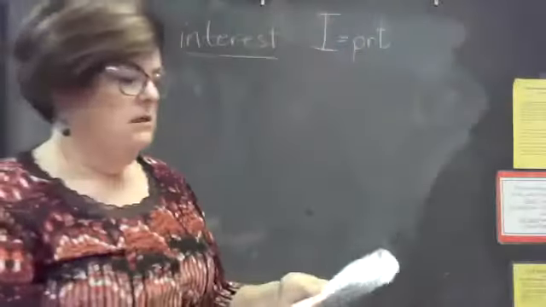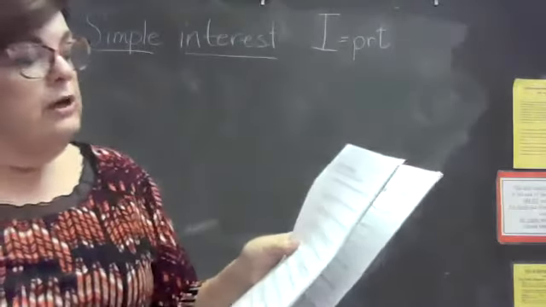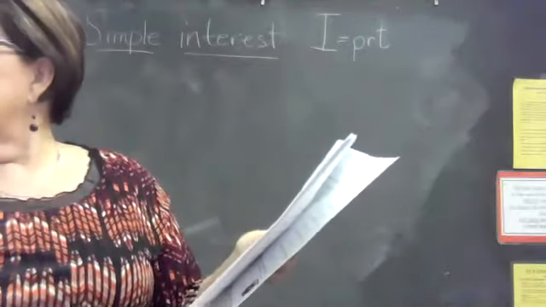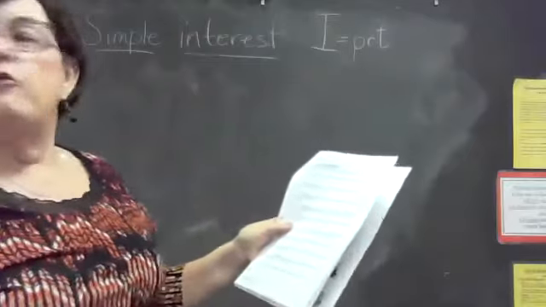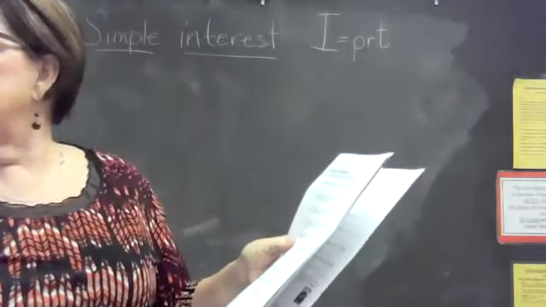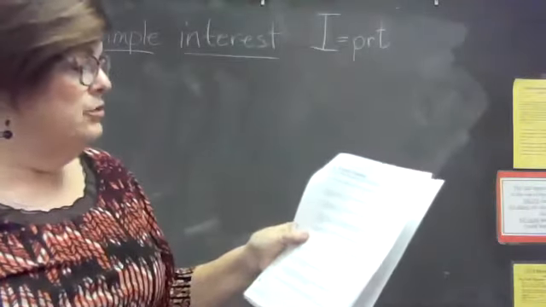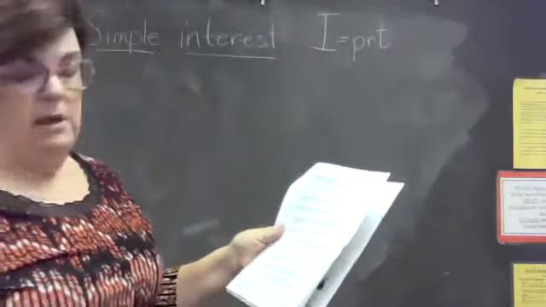It's number 5 on this simple interest page, if you have it. Listen carefully for those of you that don't. If you borrow $225, so that's where we're starting, that's your principal or the original amount, for 8 years. It's going to take you 8 years to pay this off. At an interest rate of 6%, how much interest will you pay?